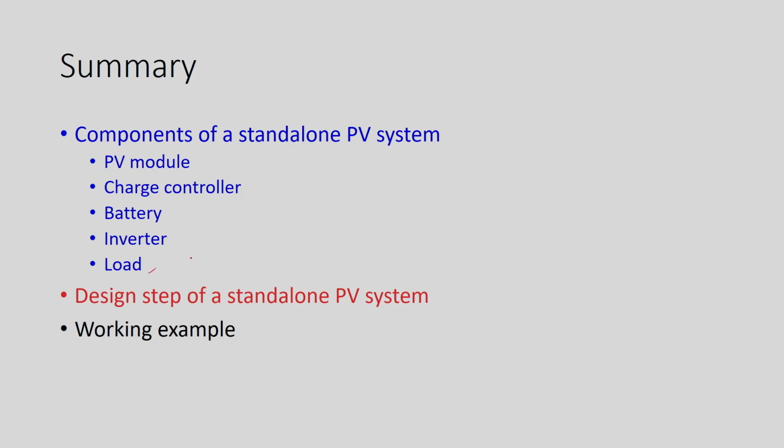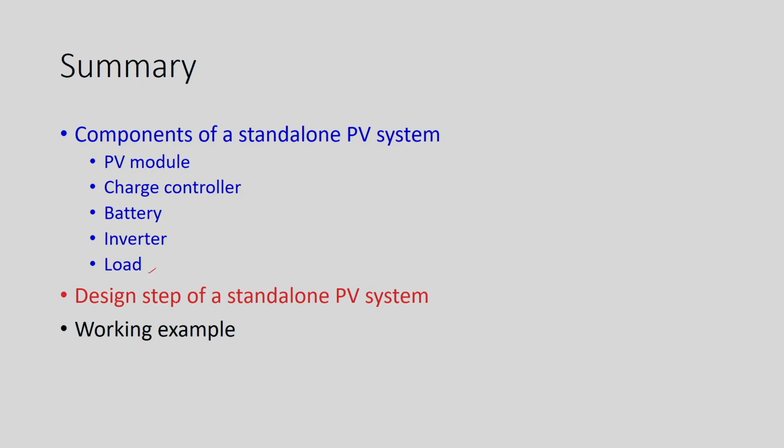There are cases with DC loads and cases with AC loads, and we discussed what to do in each case. We also discussed a design step for a standalone PV system, and a small numerical exercise to strengthen your understanding of its design.